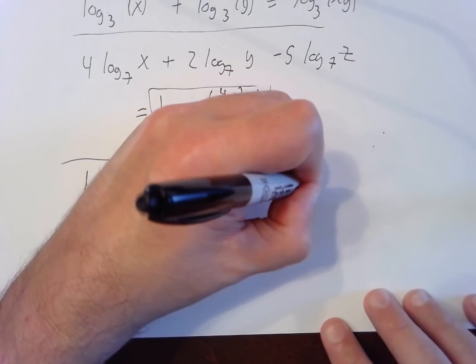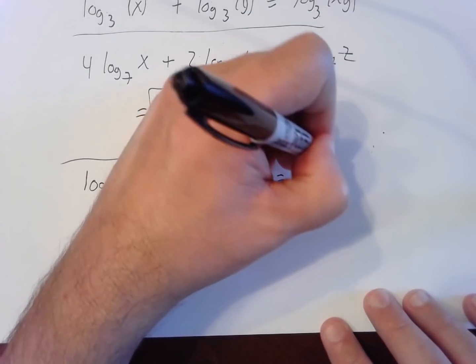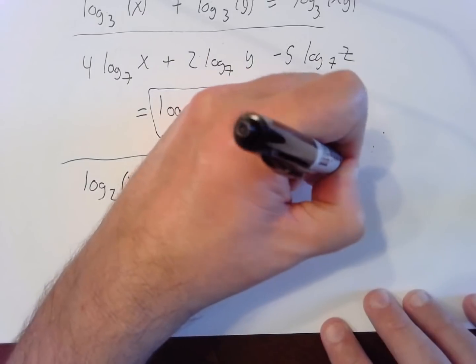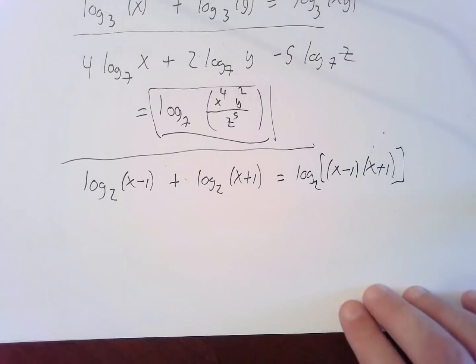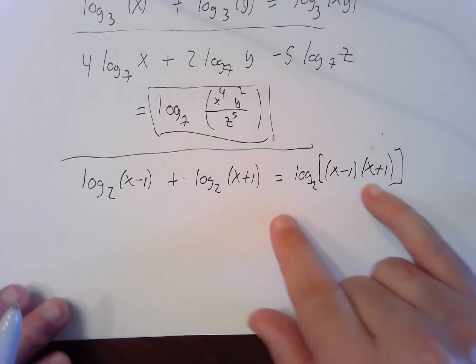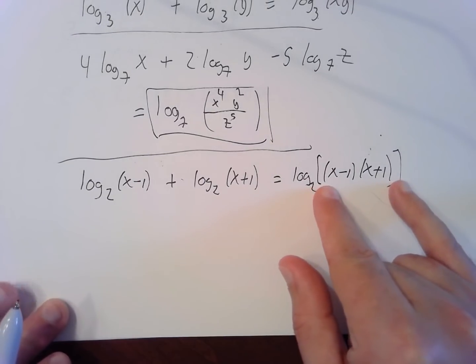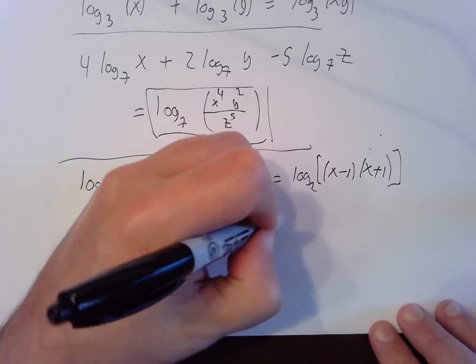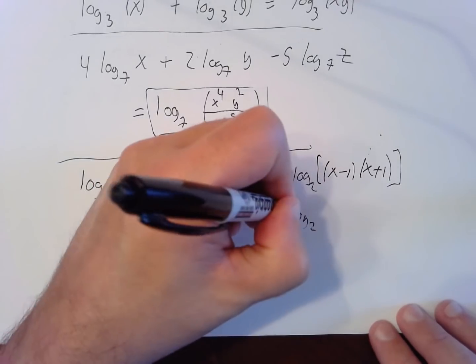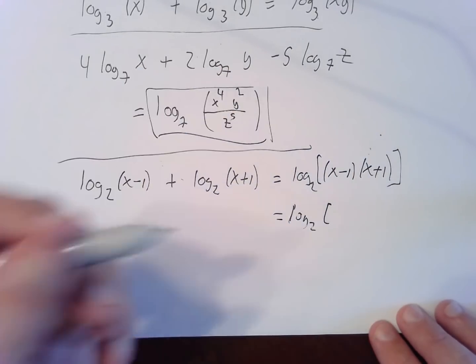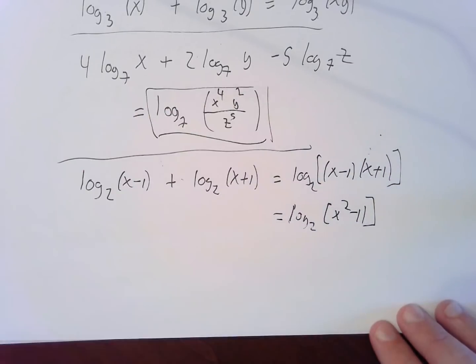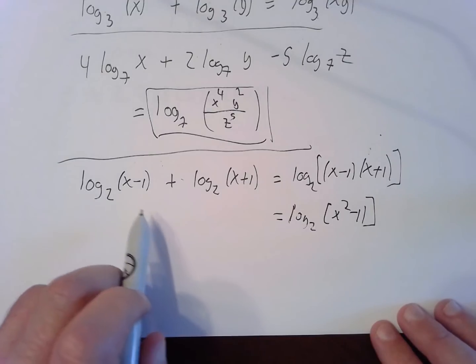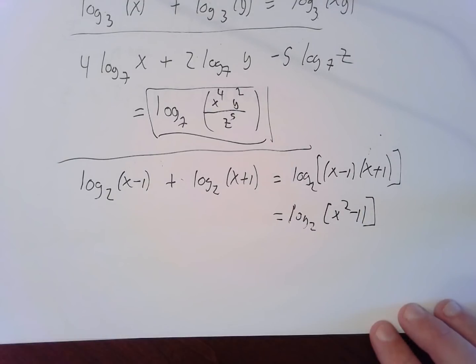We'll get log base 2 of x minus 1, x plus 1. And then if we wanted to, which we will at some point in the future, we could go ahead and FOIL this out and say that's log base 2. You can check this on your own. That's x squared minus 1. Okay. Added outside becomes multiplied inside.